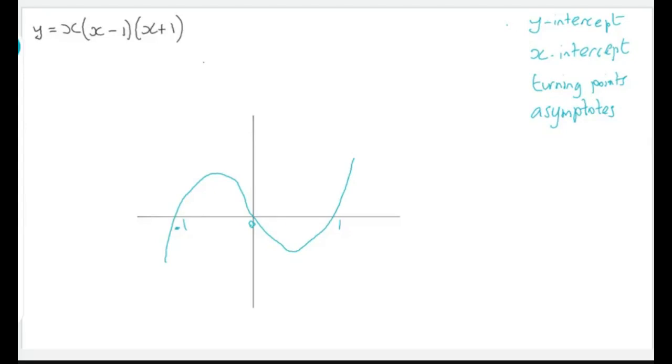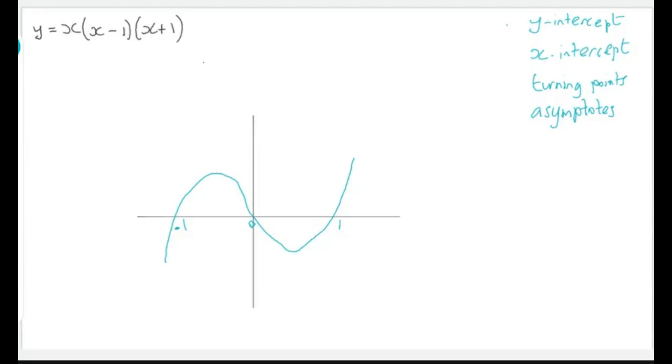For the y-intercept, you make x equal to 0. And then the other question is, what are the coordinates of the turning points? Would I have to differentiate again? Indeed.